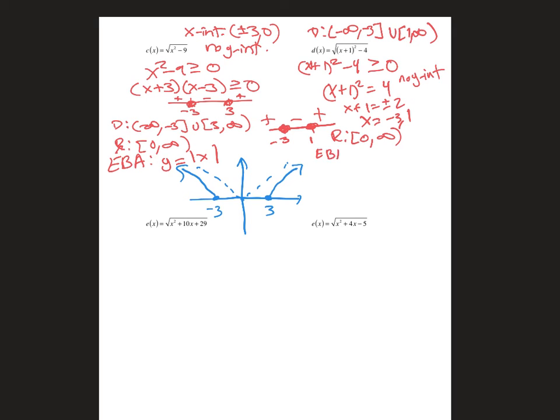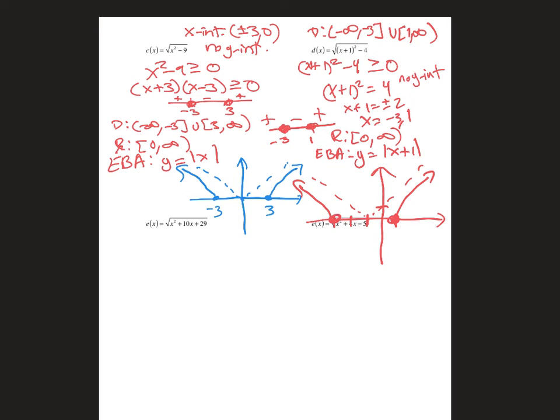The EBA is going to be the square root of x plus 1 squared, which is equal to the absolute value of x plus 1. So let's do our graph. The EBA is shifted to the left one from the other one we did. And I've got x-intercepts of 1 and -3. And then it's just going to get closer and closer to the EBA as it goes towards positive and negative infinity.